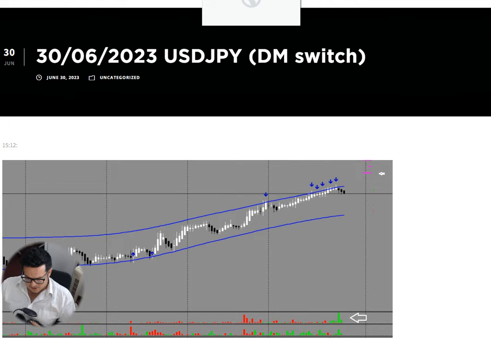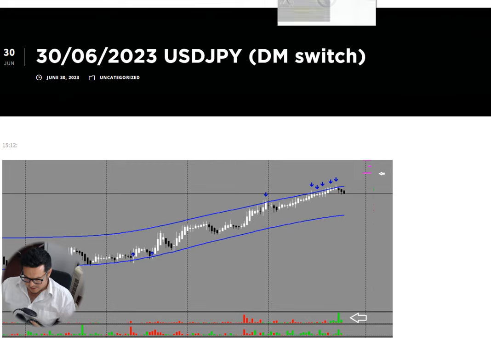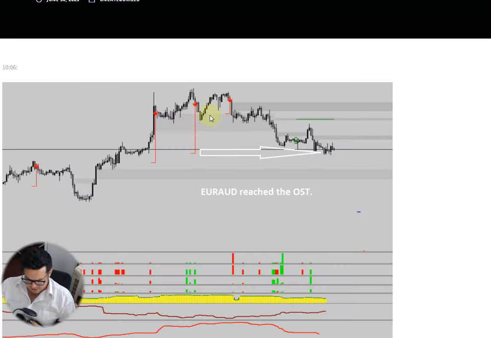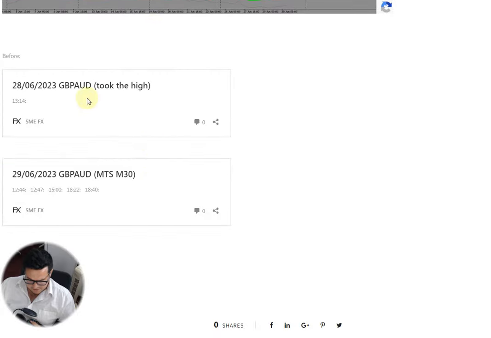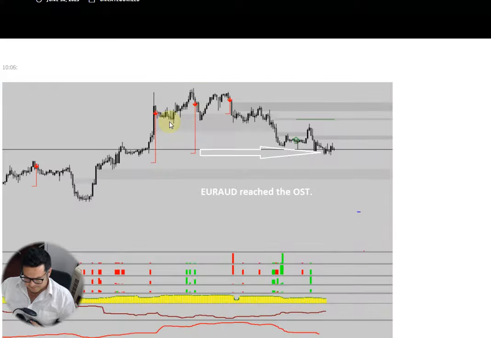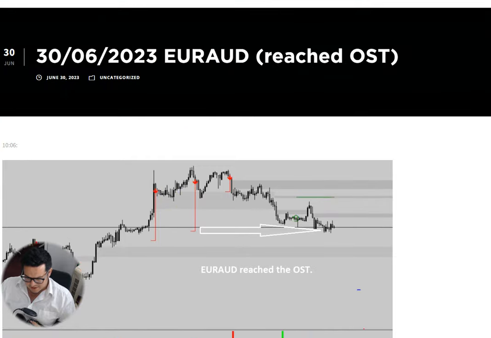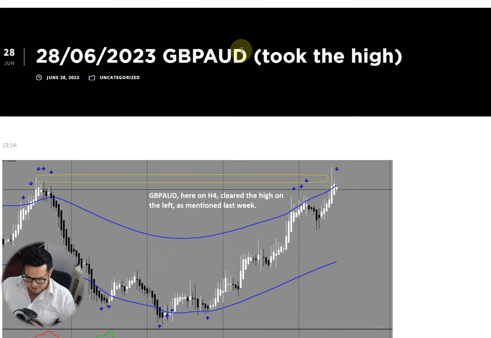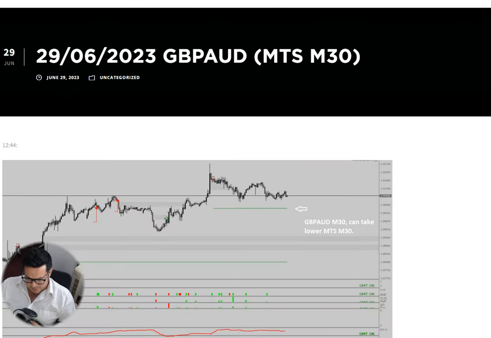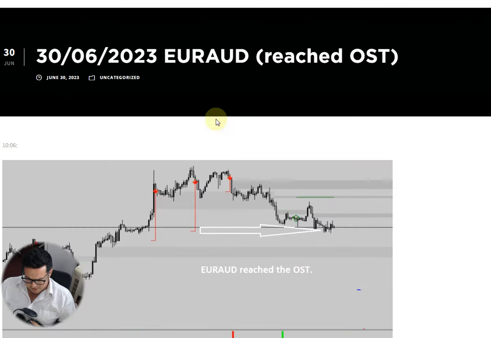Okay, so Euro Aussie. Here we go. Euro Aussie was an amazing, amazing situation. Okay, let's go through this. Another best trade of the week. At the beginning we had the same situation like with Pound Aussie.